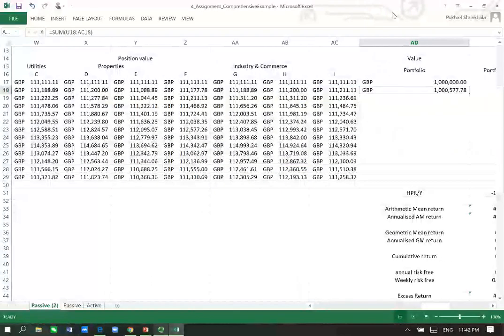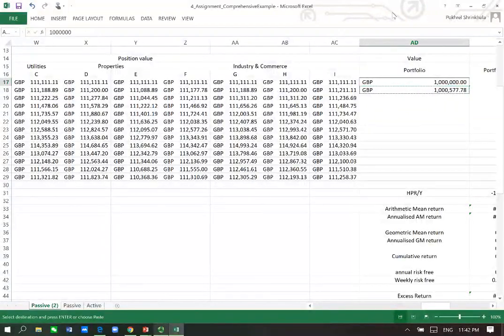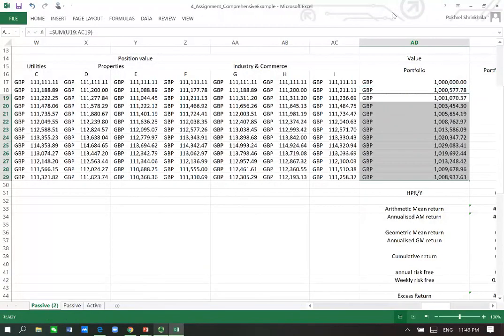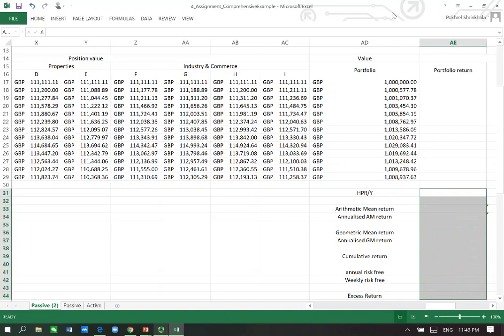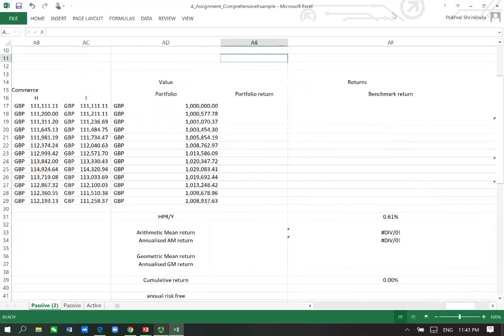So that's the total. So 1 million now has become 1,577,78. So what is it at the end? And for each of those weeks, 1 million has now become 1,008,937. So this then also allows me to find out the portfolio return.